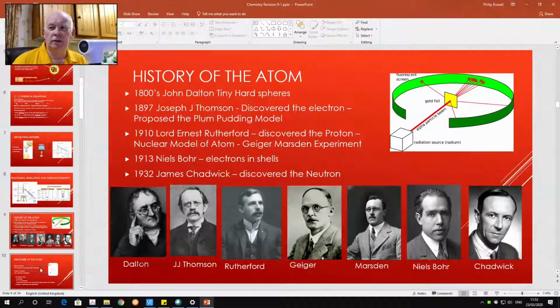In 1910, then Lord Ernest Rutherford discovered the proton and made this nuclear model of the atom using what's called the Geiger-Marsden experiment. 1913, Niels Bohr put these electrons into shells, and in 1932, James Chadwick discovered the neutron. I'm going to stop there.